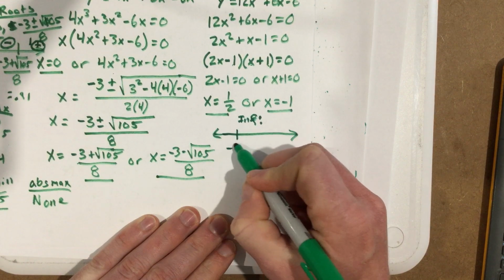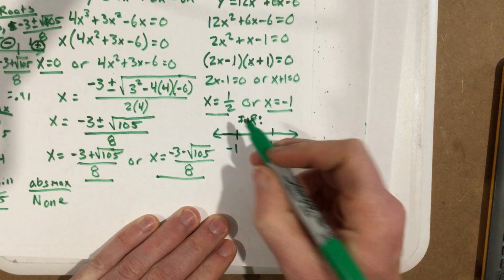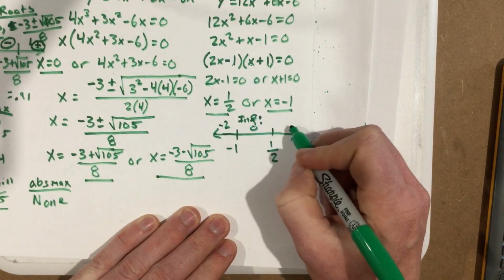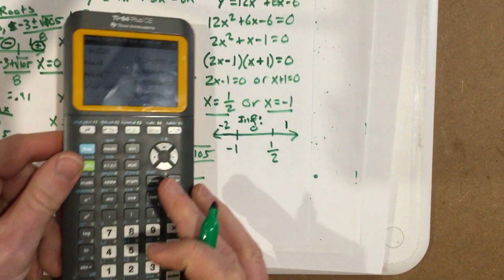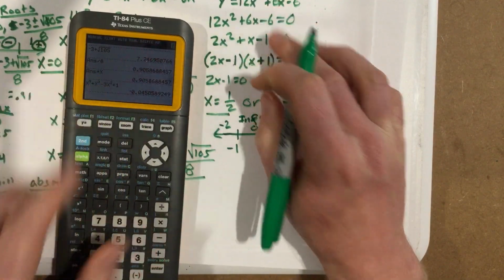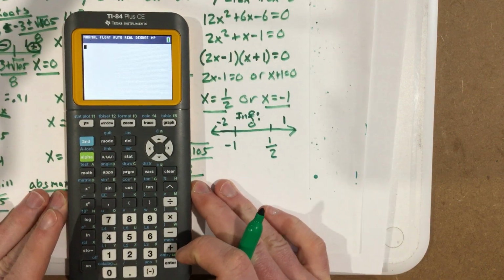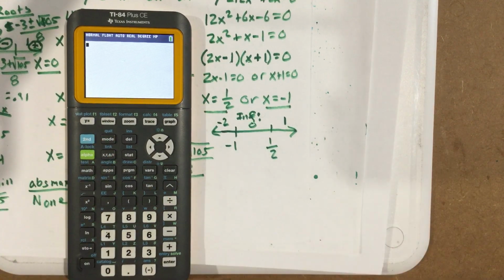So this is -1. This is 1/2. These are the two numbers I'm checking. So I'm going to plug -2 in. I'm going to plug in 0, and I'm going to plug in 1. And I'm going to plug those into my second derivative equation to find out, is this thing concave up or concave down? Is it going to give me a plus or a minus?